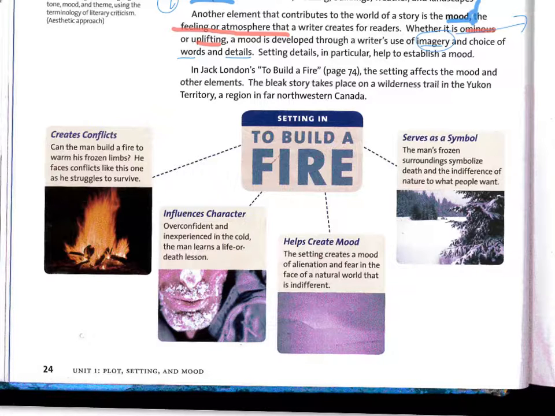Jack London is an author who is respected and well known for his survival stories. His survival stories sometimes have to do with animals, like the famous book Call of the Wild. Okay, so to build a fire, the setting affects the mood and other elements of the story.